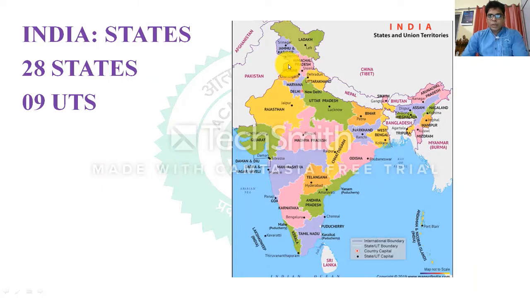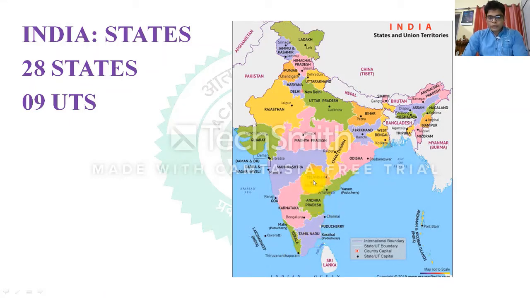Next, come to our 28 states. You can see Himachal Pradesh, capital is Shimla; Punjab, Chandigarh; Haryana, also Chandigarh; Rajasthan, Jaipur; Gujarat, Gandhinagar; Maharashtra, Mumbai; Karnataka, Bengaluru; Kerala, Thiruvananthapuram; Tamil Nadu, Chennai.